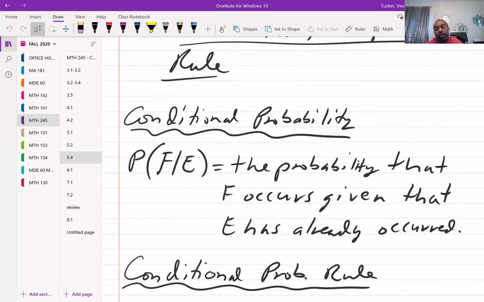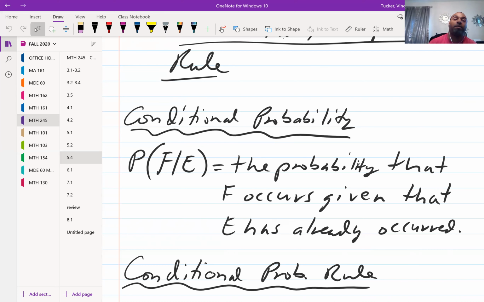All right, conditional probability notation is as follows. You have P of F with this line in between, then E. That's the probability that F occurs given that E has already occurred. So this is a conditional probability. These are dependent events. Remember, independent events have nothing to do with each other and nothing to do with the probability of another one occurring. Here we have dependent events.